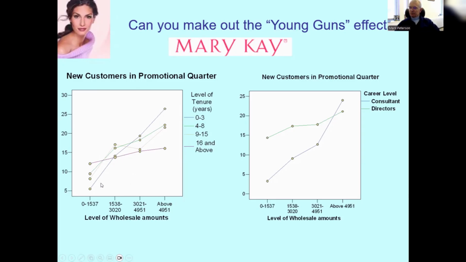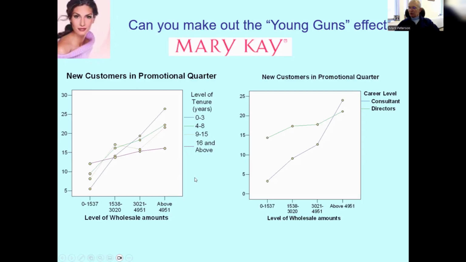So we can see that there's this crossover effect, particularly for the amounts of wholesale goods sold by these salespeople. When you get up to the large amounts, that's accounted for by the new salespeople, and also with regards to new customers. They're the ones racking up the new customers and the new sales.